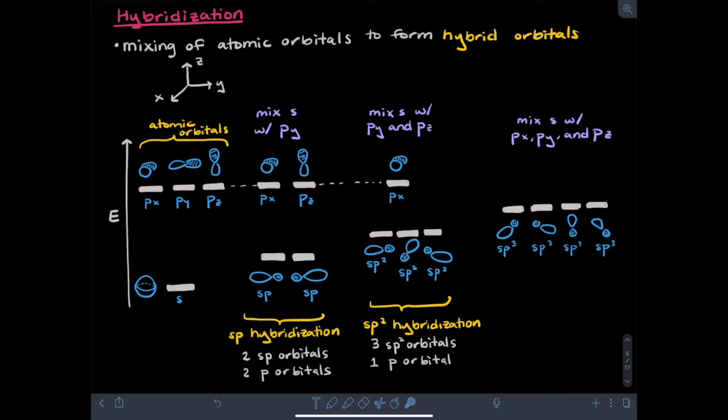Notice that when we went from sp2 to sp3, our hybrid orbital energy went even higher because we mixed in even more higher energy p orbitals. So our final scenario for an atom with sp3 hybridization is that you'll end up with 4 sp3 hybrid orbitals and you'll have no remaining unhybridized orbitals.